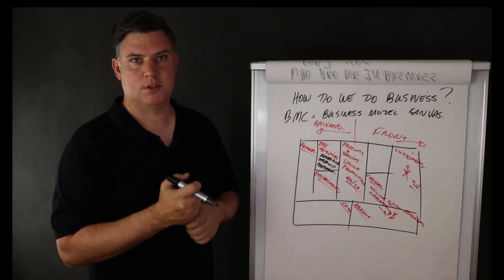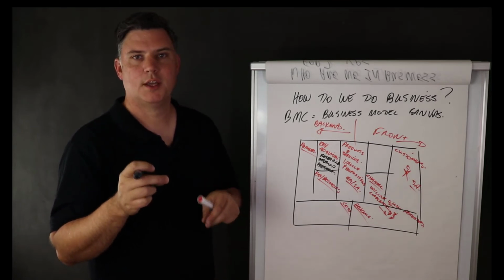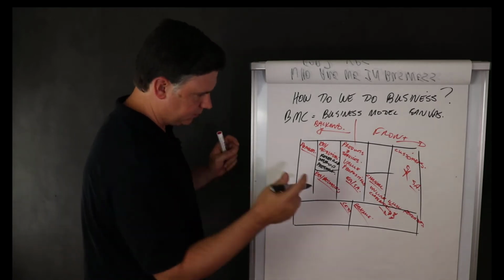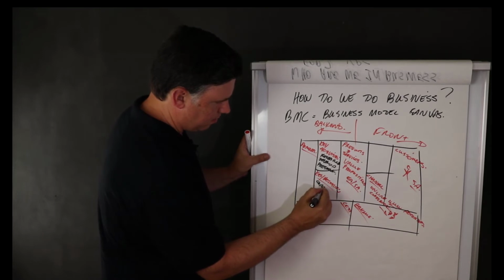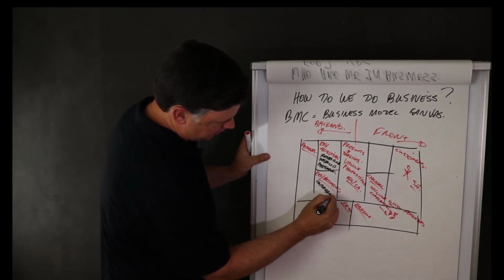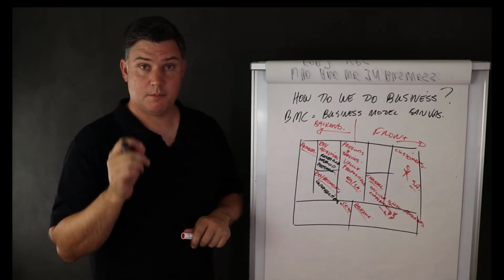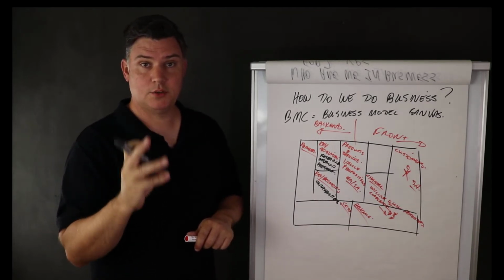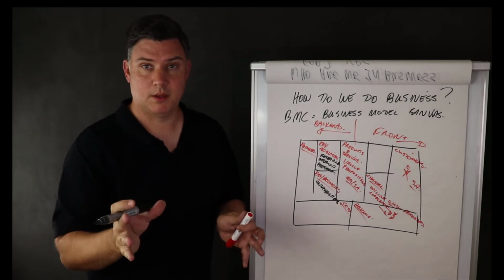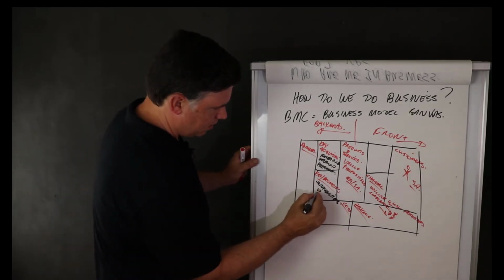So what key resources? These are called capabilities. What's a capability? People, process, information, and tools to do something. PPIT.